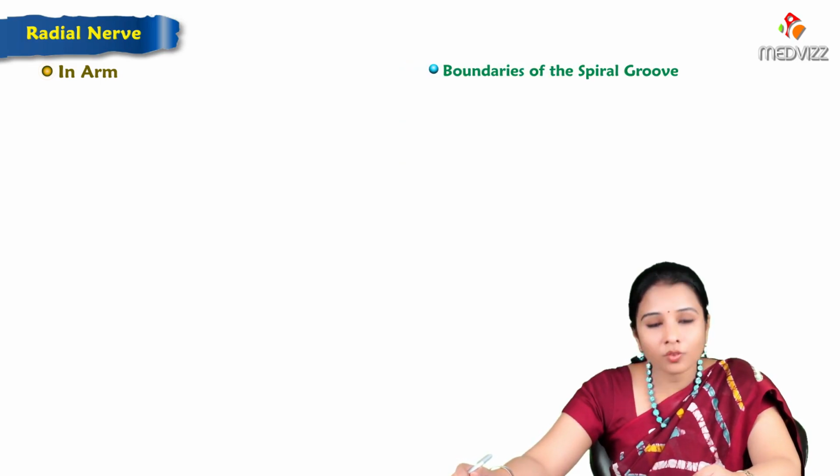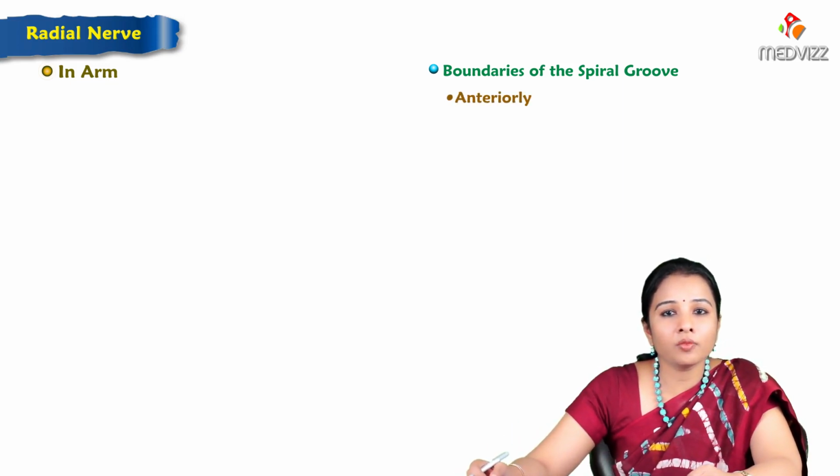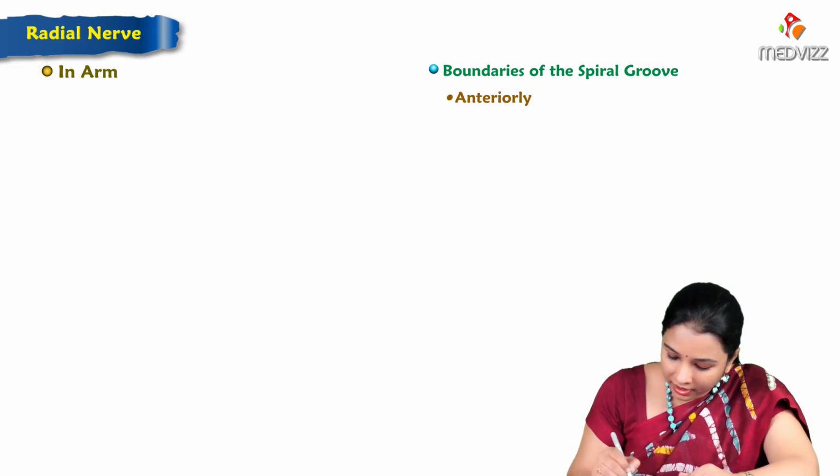Let's see the boundaries of the spiral groove or radial groove. Anteriorly, we have the middle third of the shaft of the humerus. What we are seeing is the anterior part.